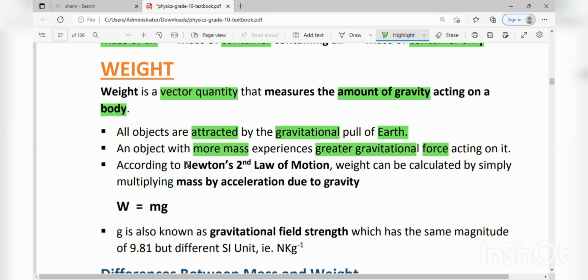Okay, now let's look at Newton's second law of motion. According to this, Newton is just the name of a scientist, I mean a scholar, who did a lot of things in science.